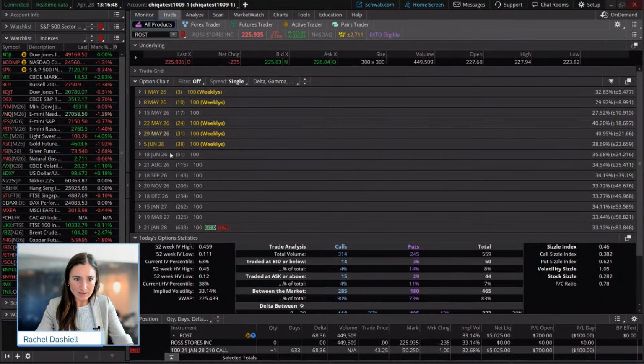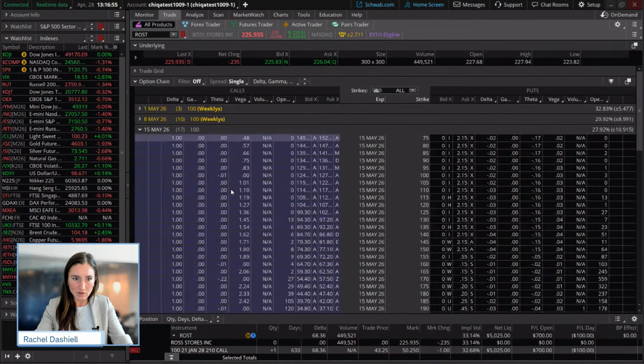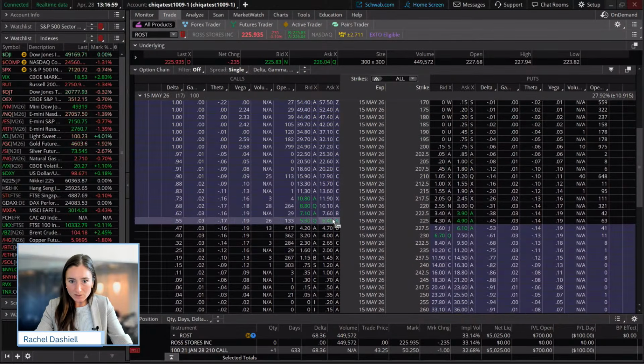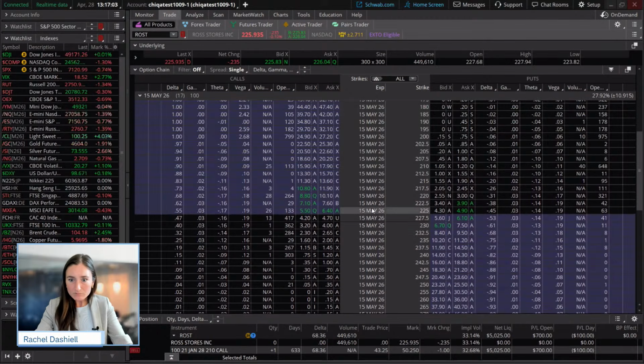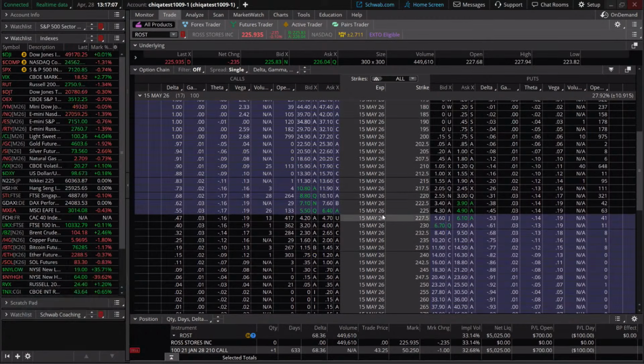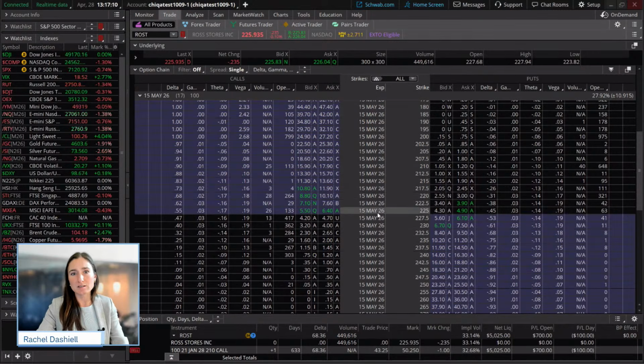So let's look at the trade tab and let's look at something with roughly 2.5 weeks till expiration. That gives us the 15th of May here with 17 days left until expiration. And let's take a look at some of the levels we were just talking about. One of the levels I mentioned to the upside was that measured move that could take us possibly to around 236 or so.